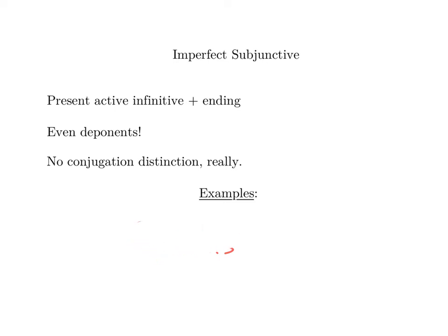So what we're going to do for the imperfect subjunctive is you're going to have your infinitive. We'll use regere, any infinitive, amare, habere, whatever you want, as long as it's that present active infinitive. And then you're just simply, this is the easiest part, going to add an ending. Whoop!